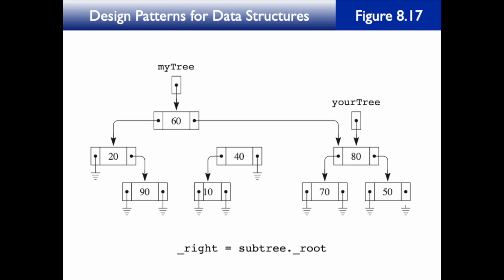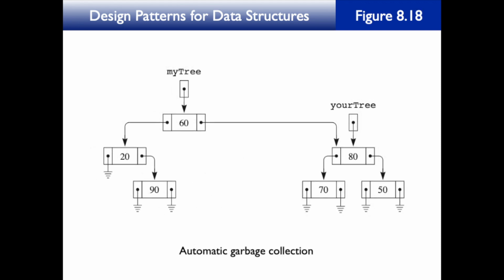That means that the magic of automatic garbage collection takes over and automatically deletes these. Now in previous versions, that had to be done manually by the programmer. But now with shared pointers and automatic garbage collection, the programmer no longer is required to delete that subtree.